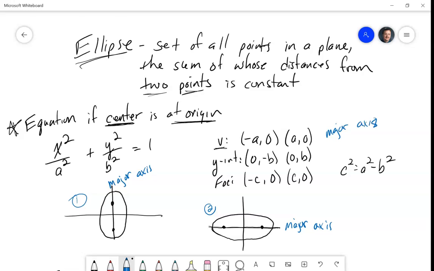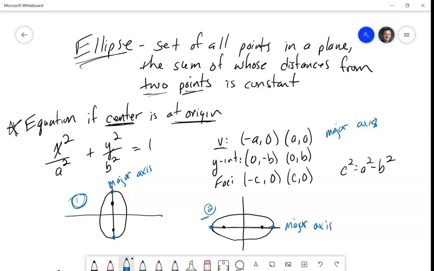So in situation 1, the vertices would be here and here. Whereas in situation 2, the vertices would be here and here on the x-axis. So be careful about that.